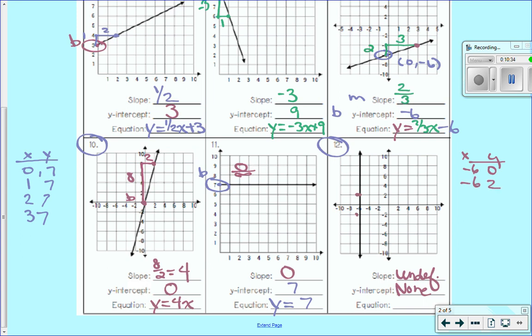What is this point? Okay, do you see anything similar from this table to this table? Yes. We had y equals 7 over here, right? This was our equation. Any ideas what our equation could be over there?